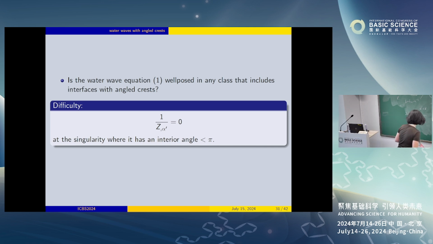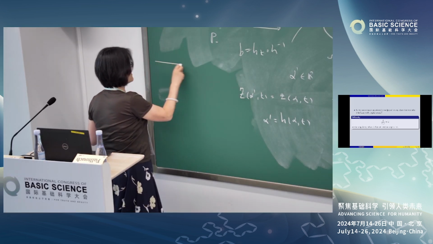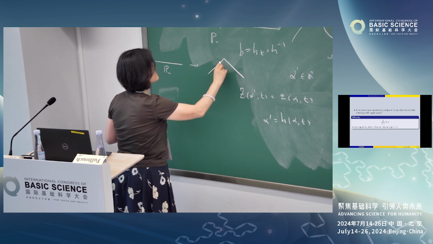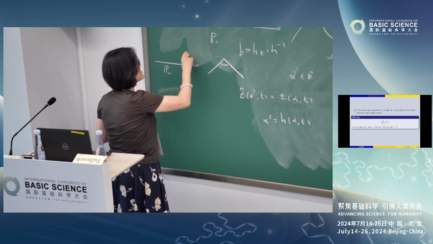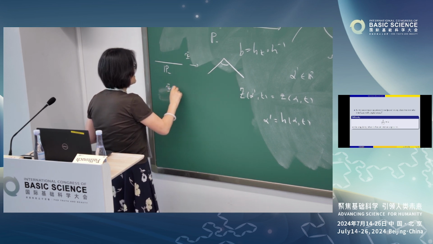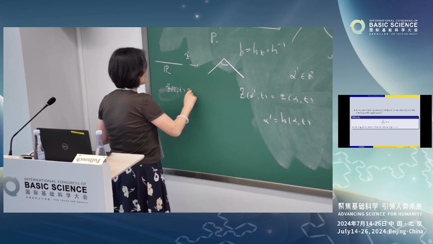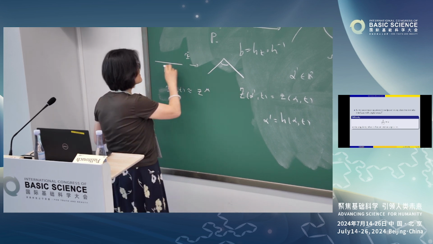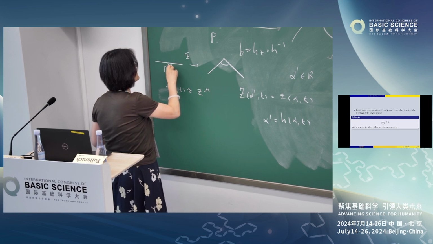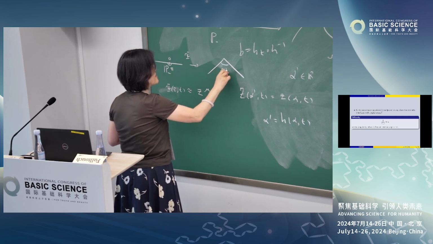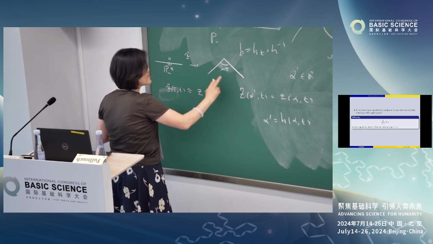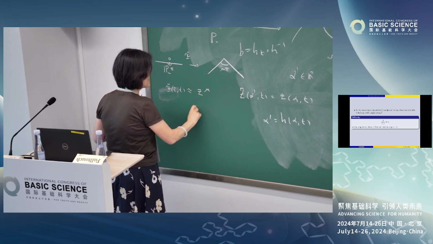Because if you have a Riemann mapping to the lower half plane to something like this, then this ψ will satisfy ψ_Z roughly like Z to some power μ. And this angle is π, this is 0, and this is μπ. So if you go like this, μ is less than 1.